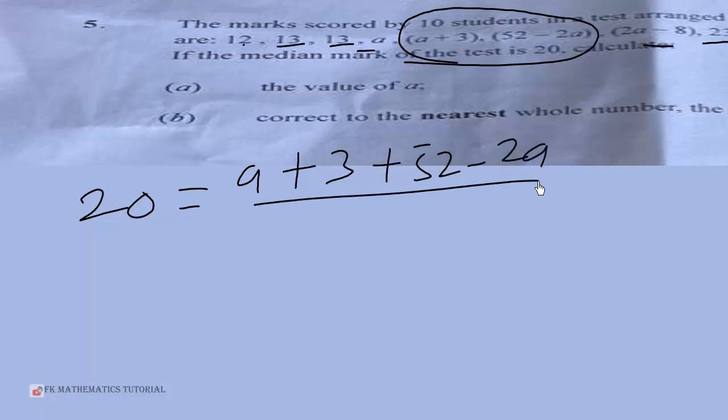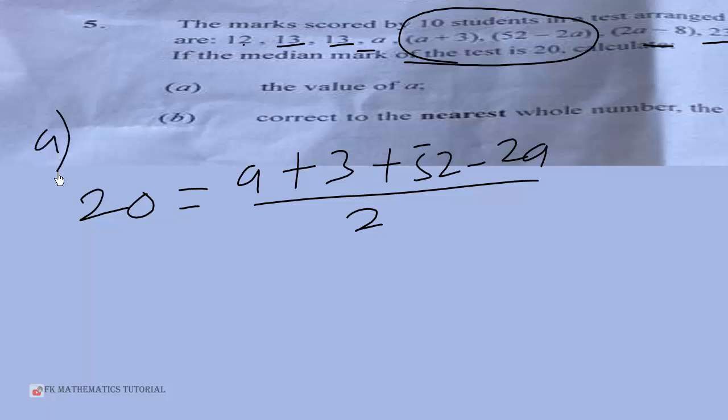Since we are given the median to be 20, the middle numbers are the fifth and sixth. So the median, which is 20, is equal to A plus 3 plus 52 minus 2A, all over 2. So we need to solve for A. This is the A part.